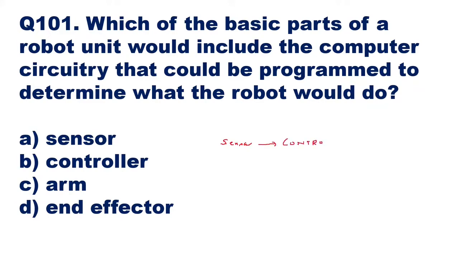Now the controller will be your CPU, which will be designed using a controller. It is like a digital computer. It will process the information given by the sensor by a program which is already written for that particular action, and depending on that it will give its output to the actuators, which will drive the application output.